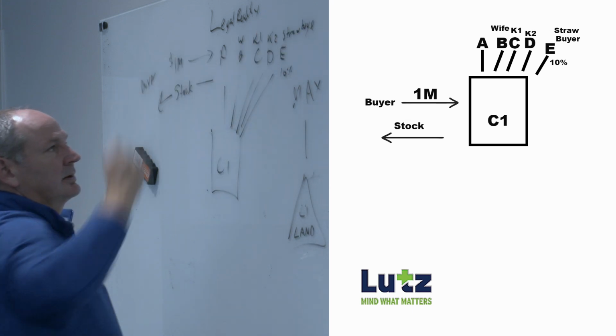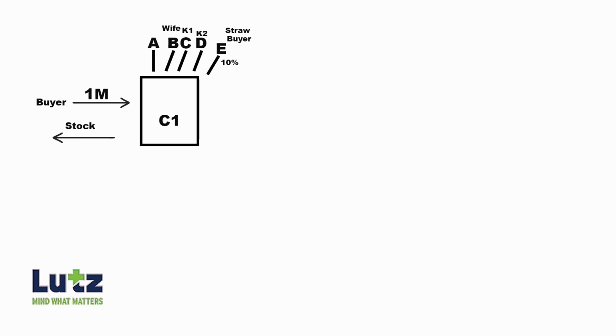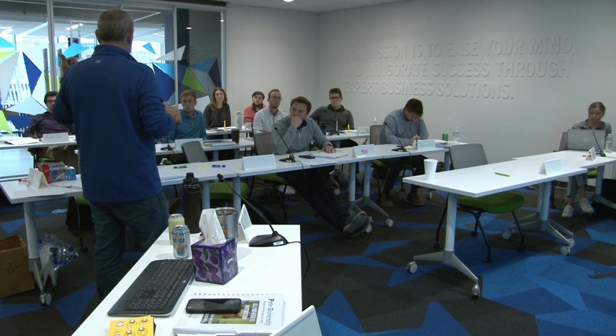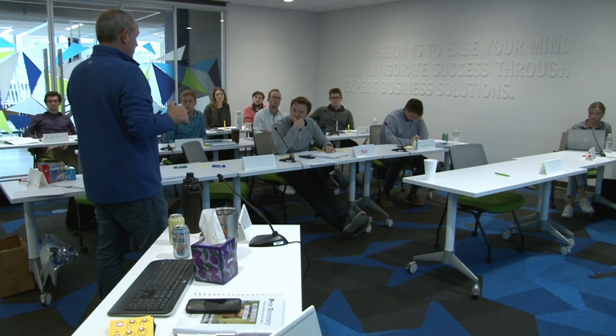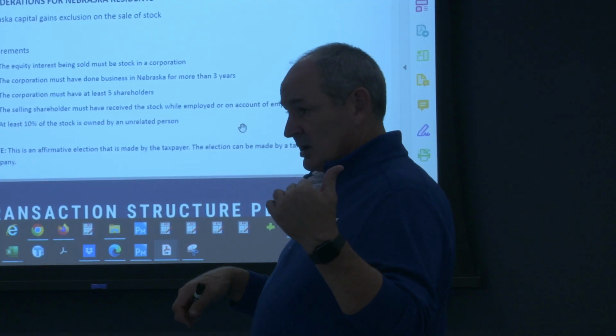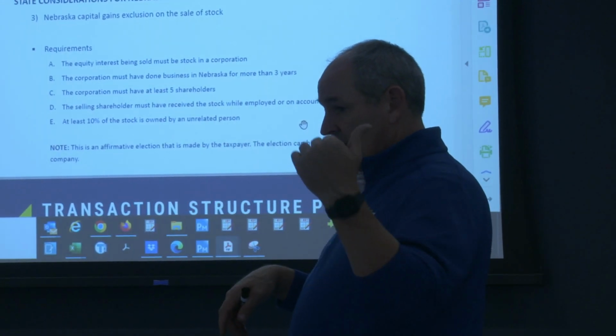You have to get the straw buyer to 10%. A can give shares to his family members and have them count for purposes of the 5 shareholder rule. The 10% person is the trick. If you see somebody buying or selling something, this is a good thing to know. This is closer to expert than not.